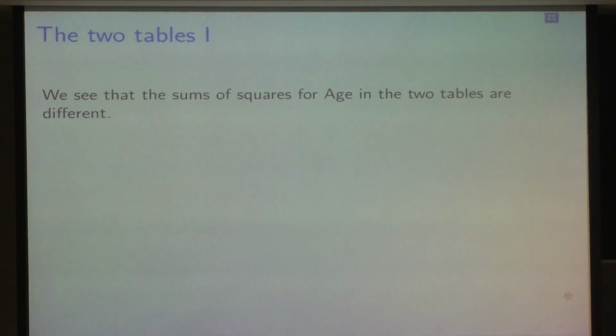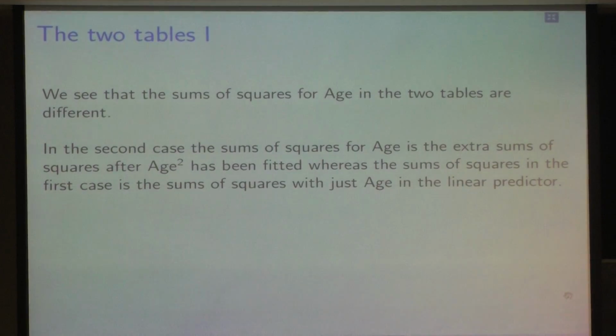Okay? So if we look at the two tables, the rows that we get for age are different. So the sums of squares in the two tables in the age row are different numbers. And that's because in the first table, we haven't got anything in the model before age, we've just got a constant term.